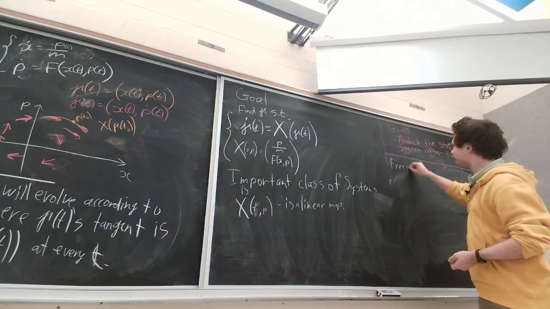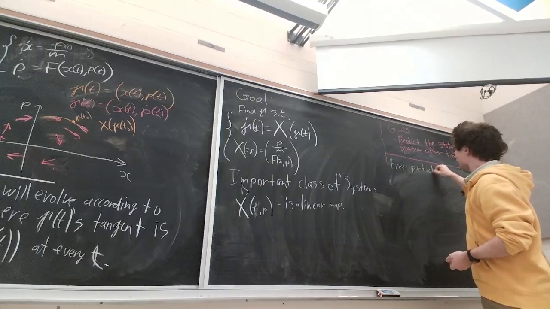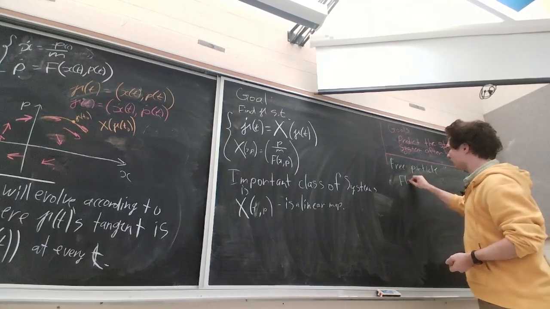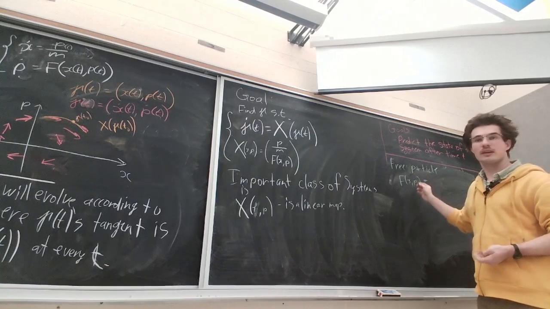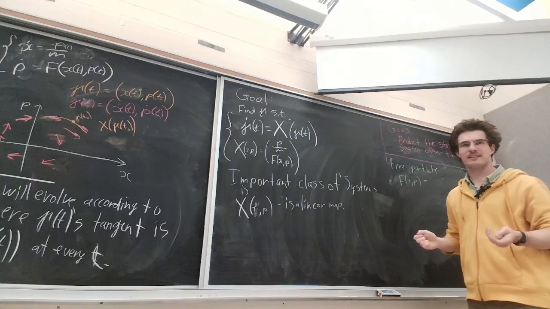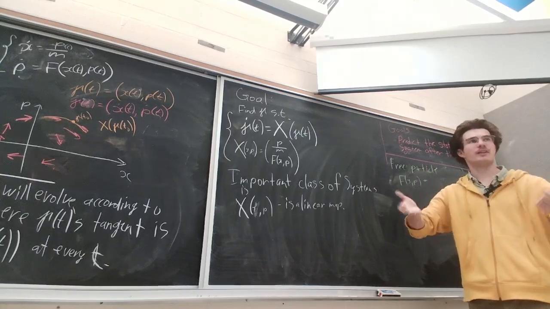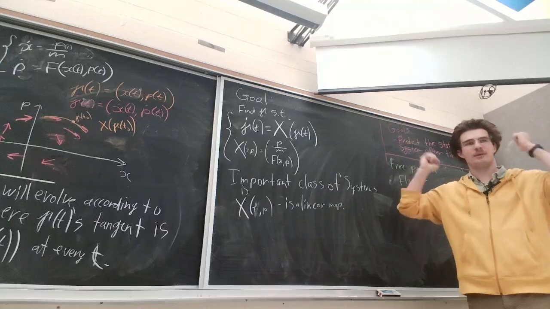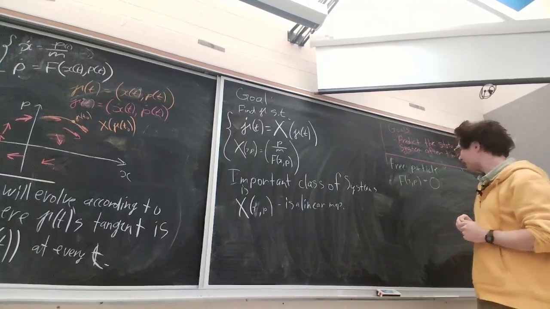Free particle. F of x and p is equal to what? No, just a free particle with nothing else. It's just a free particle in space. There's just a particle and there's nothing else in the world. Zero. Correct.